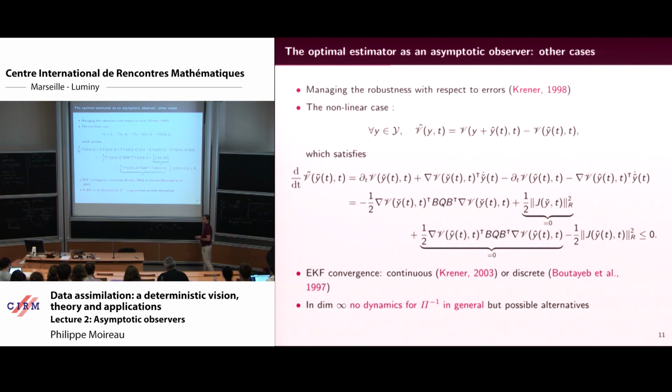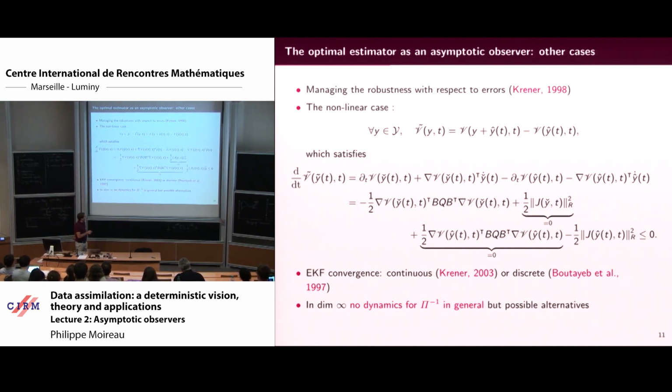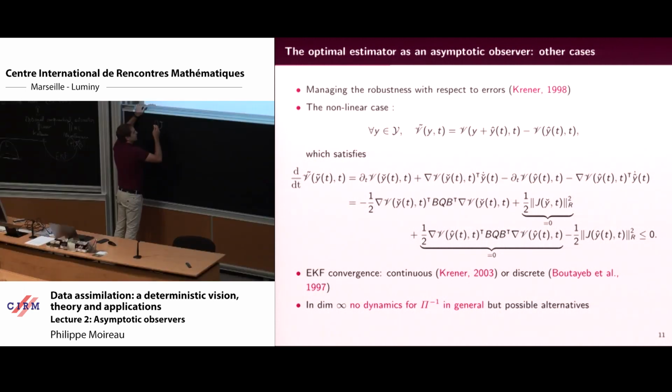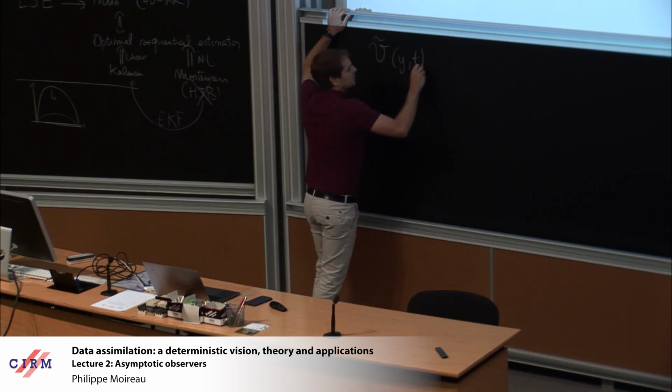Last but not least, we are working on this subject for quite a long time in infinite dimension with Karine Mauffray. And what is difficult in infinite dimension is that you cannot define the dynamics of Pi minus 1. So basically when you have infinite dimension, you define the Lyapunov function like this.